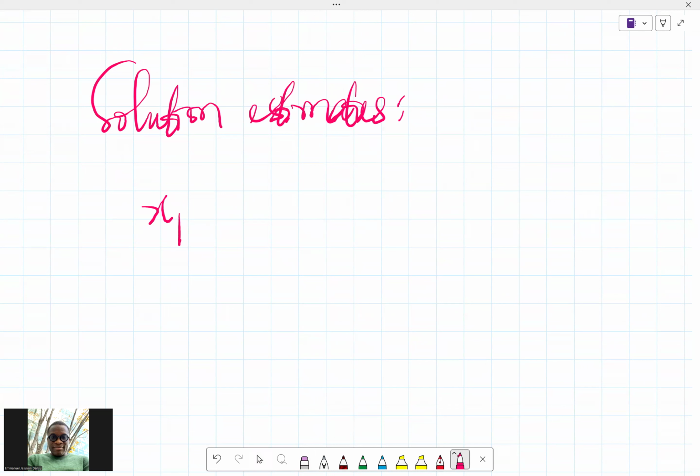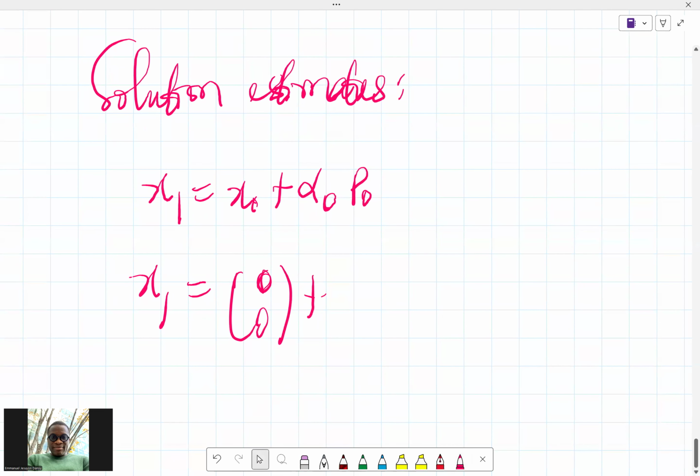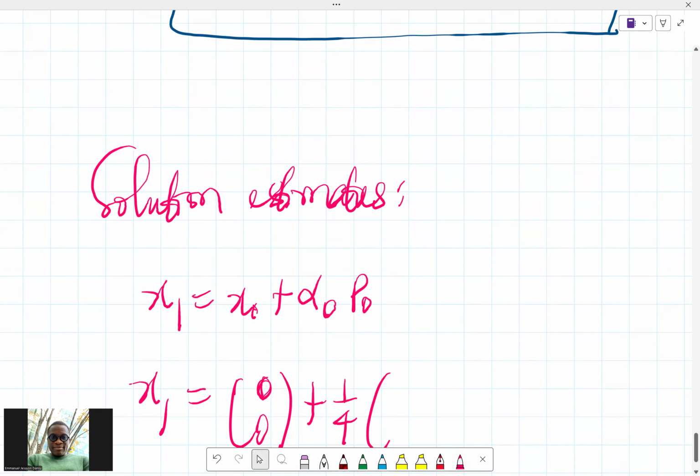So we have X1 equals X naught plus alpha naught P naught. And we have all of these things in place. So X1 is X naught, of course, is the zero vector, 0, 0. Plus alpha naught, that's what we just got, which is 0.25, or if you like, 1 over 4, into P naught.